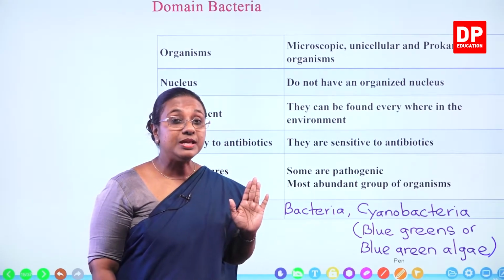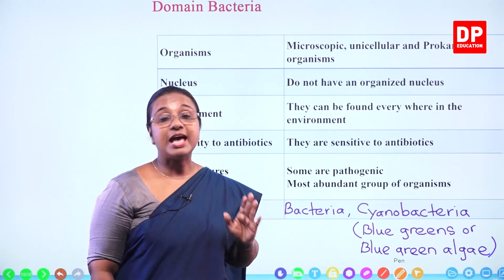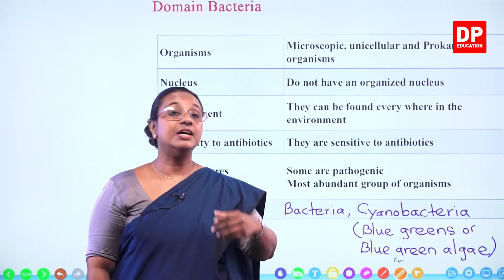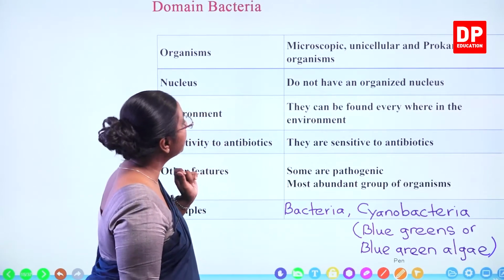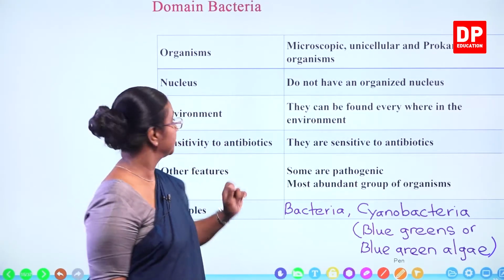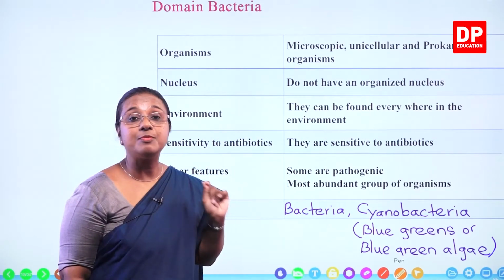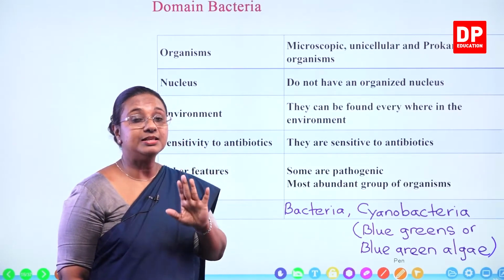Now you all know the meaning of prokaryotic. What is it? They do not have an organized nucleus, or they do not have a defined nucleus. So that is why we call them prokaryotic organisms. So the organisms are microscopic, unicellular and prokaryotic. Both bacteria and cyanobacteria, they are the same.